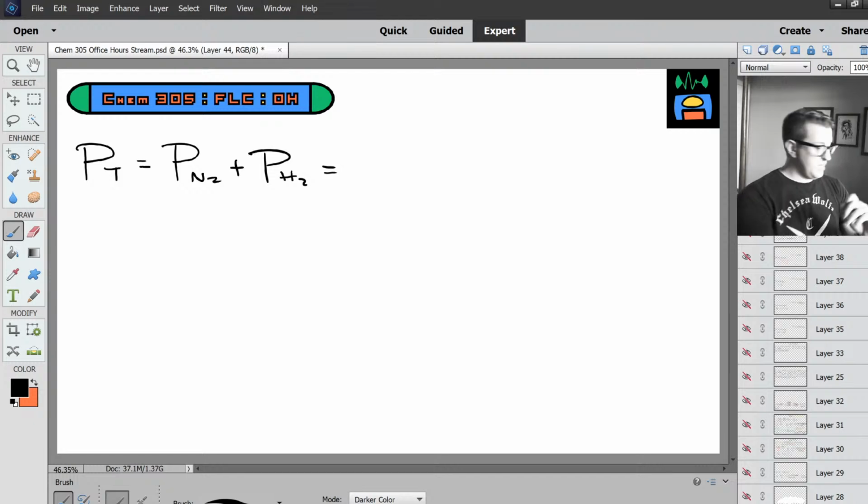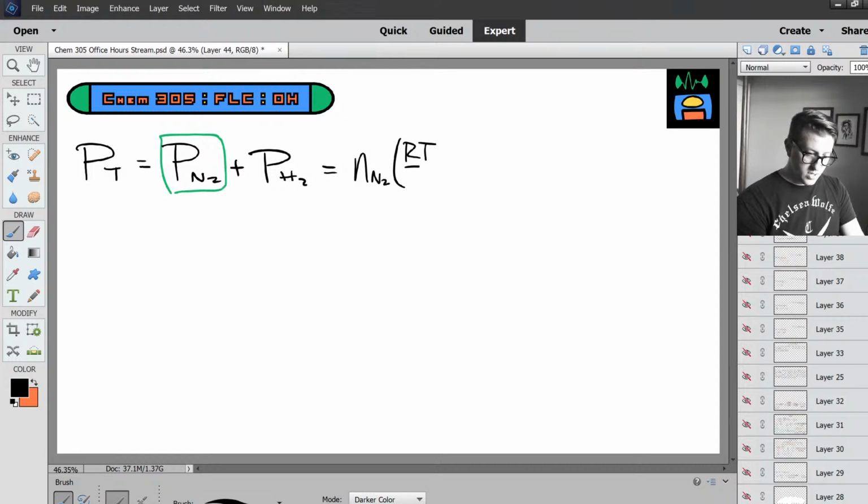There we go. So remember the pressure of N2 we had written in green there. It's equal to moles of N2 times RT over V, plus, subbing in for the pressure of H2.